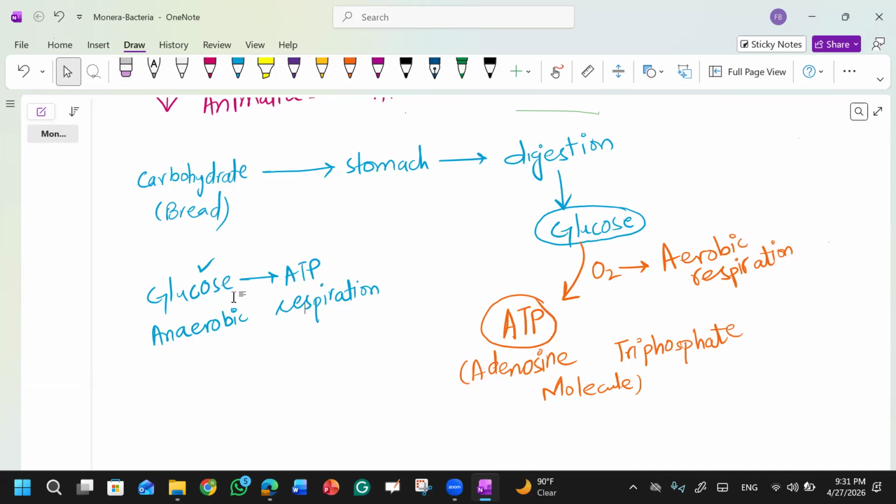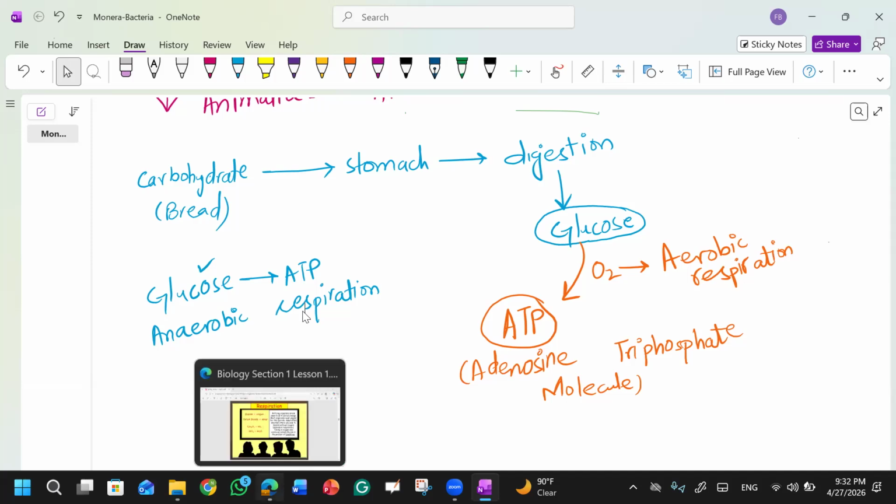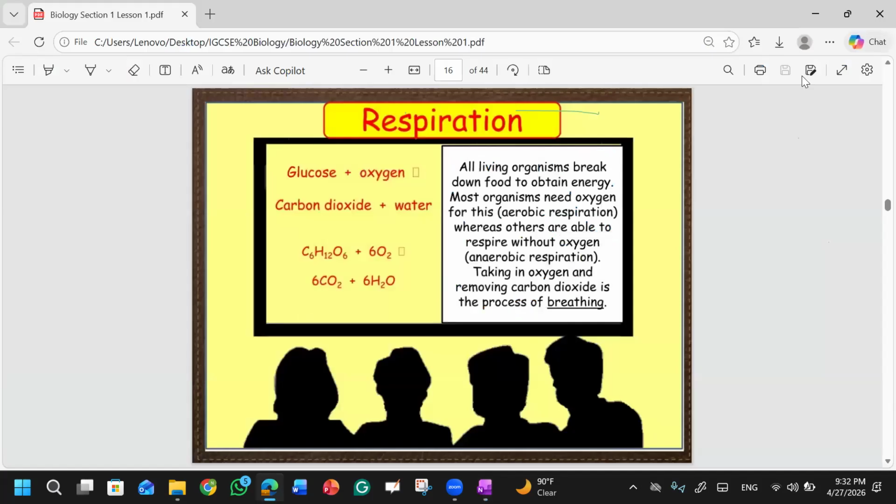I am repeating: aerobic respiration is the process in which glucose is converted into ATP by using oxygen. And anaerobic respiration is that chemical reaction in which you get ATP without using oxygen. Clear? So this they have mentioned in this slide.